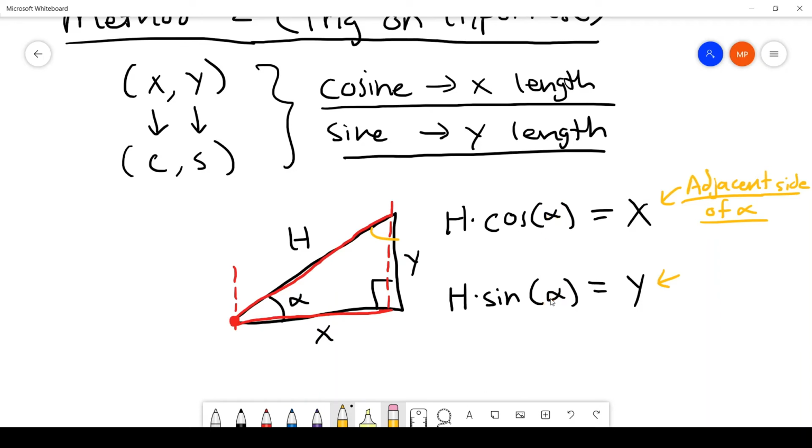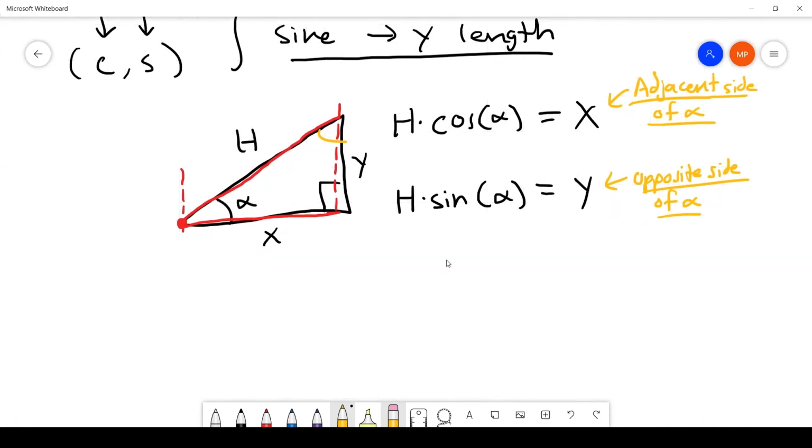And so because of that, I'm going to denote that this is actually the opposite side of alpha, because I can easily change this up and say, okay, but then I'm going to have this h here and alpha is now here.